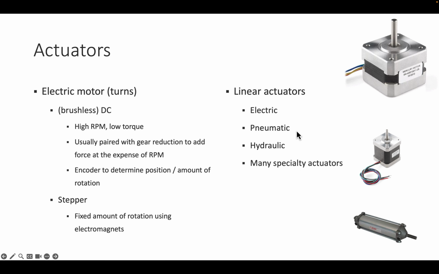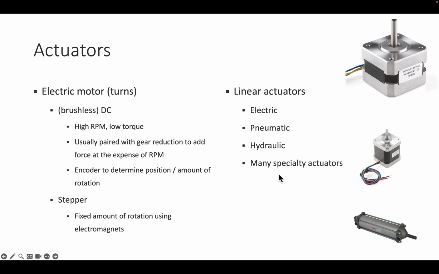It's called pneumatic. Or compressed fluids, then they are known as hydraulic. And there are many, many, many specialty actuators like electro-active ones, and magnetic ones, and inflatable, and a large number that we shouldn't cover here.